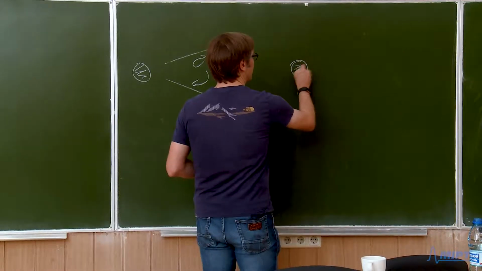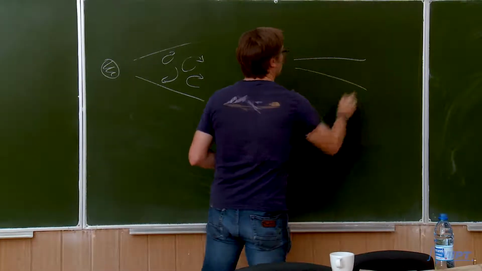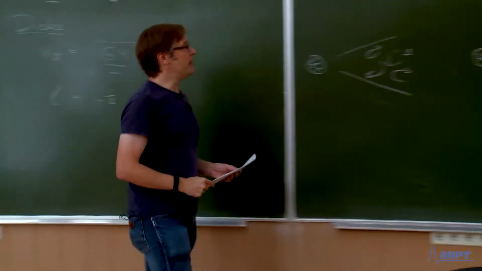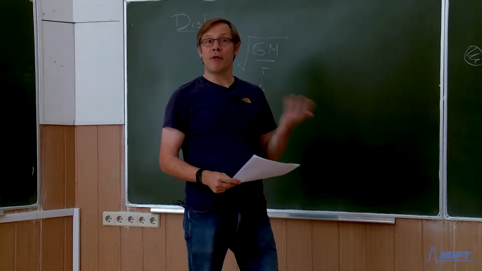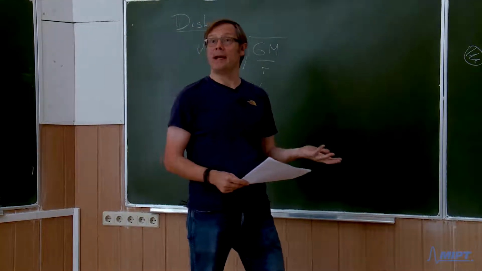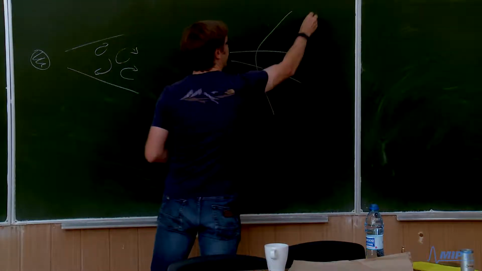A second possibility, which we've already discussed, would be that we have the disk and we're threading the disk with some net magnetic field. The magnetic field will have some geometry that looks something like this.